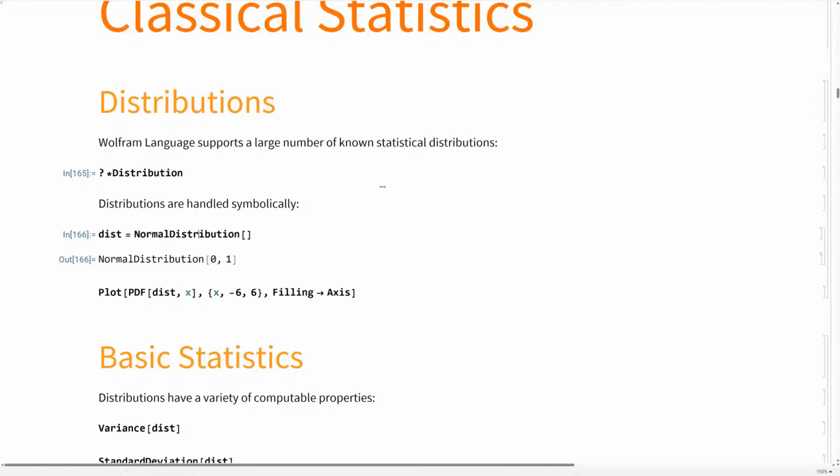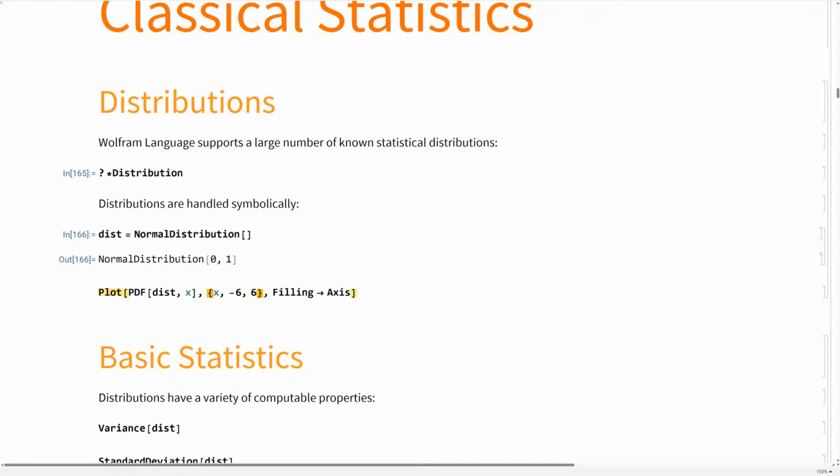What does symbolic mean here? We can have all of these distributions and then apply other functions to them. It will just be distribution 1 and distribution 2, and then we can do the basic statistical analysis like PDF, CDF, variance, all of that.